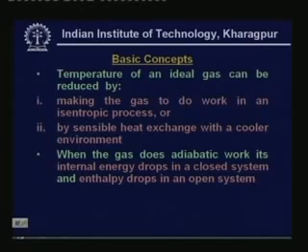When the gas does adiabatic work, its internal energy drops in a closed system and its enthalpy drops in an open system. That means when the process is adiabatic, there is no heat supply to the system nor heat supply from the system, and at the same time the system is doing work. Obviously, it will be doing work at the cost of its own energy. If it is a closed system, it will be its internal energy. If it is an open system, it will be enthalpy.